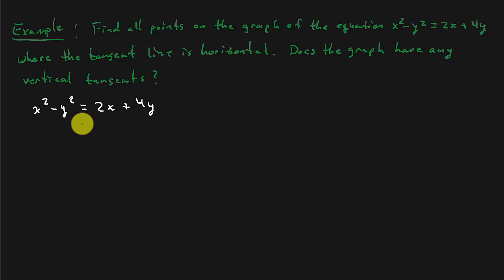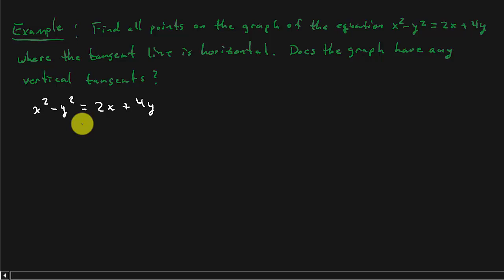Okay? Because once we find the derivative, isn't that the slope of the tangent line? So once we find the derivative, we take that derivative, which is the slope, and we set it equal to 0. Because that's the slope of a horizontal line, right? And that's what they want to know, where the tangent line is horizontal.